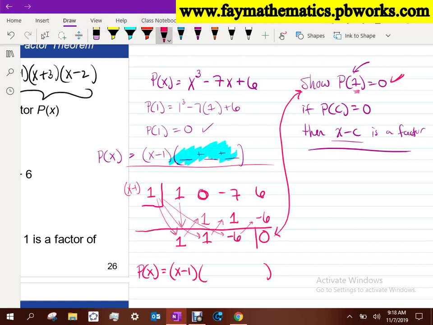We didn't know what the quotient ended up being of P of X when I divided by X minus 1. But now, with the synthetic division, if this was X cubed, what is this? X squared. Now, remember, that's your quotient, right? Now you know that this is X squared plus X minus 6.